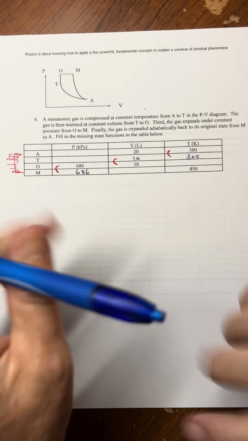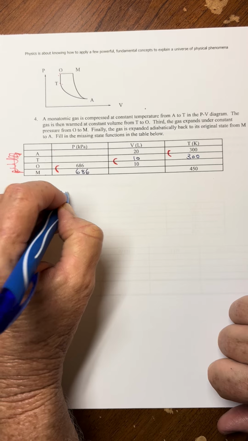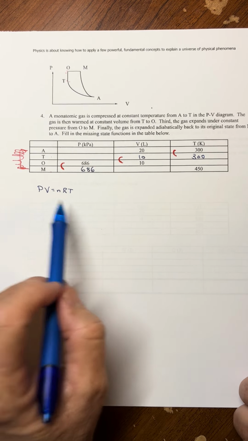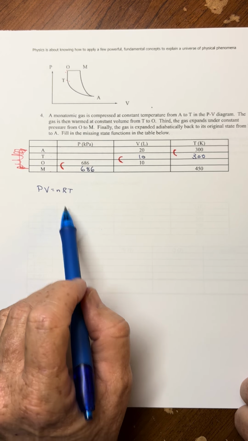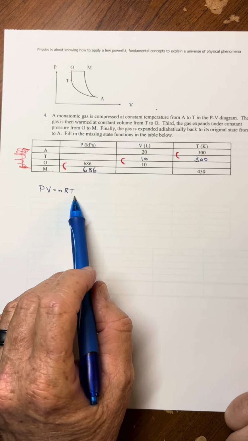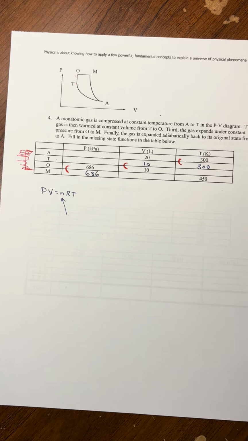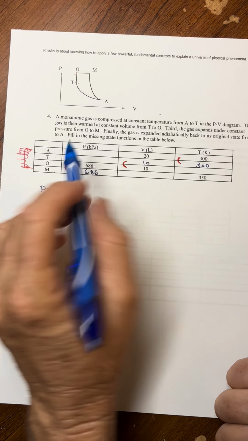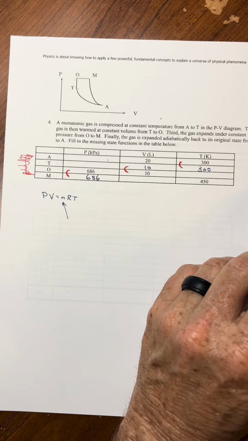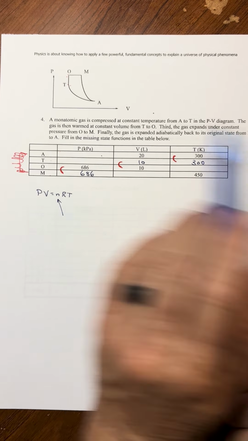Now, the big one, the go-to one, is always to remember that PV equals nRT. And there's 4 parameters in here, and so we have to know 3 of the 4. Usually the one that we know is the number of moles, and then we say, if you know any 2, you can find the third. If you watch my videos, you've probably heard me say that. But this problem does not give us the number of moles.